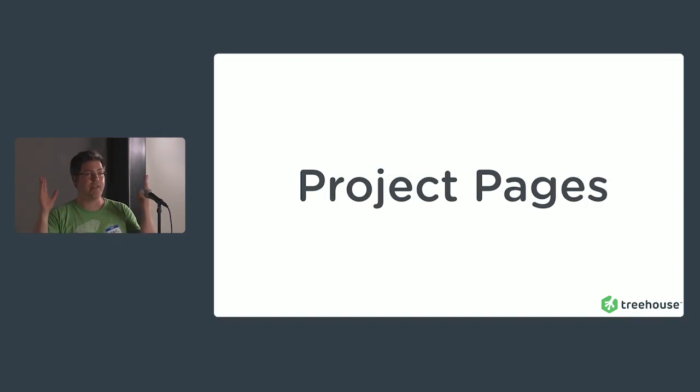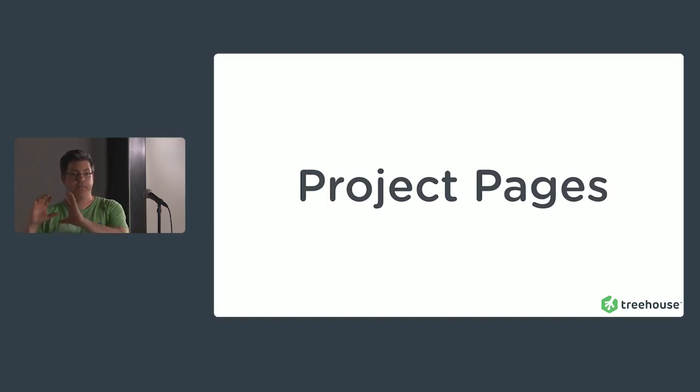So let's talk about the types of websites you can build with GitHub Pages, it's called. There's two kinds. There are project pages, and project pages are really repo pages or repository pages. So on GitHub, you create these separate repositories, and each repository holds code for a project that you're working on.